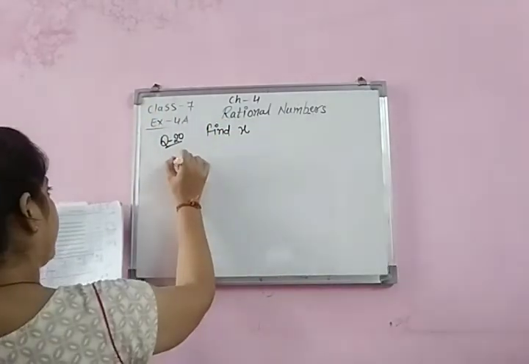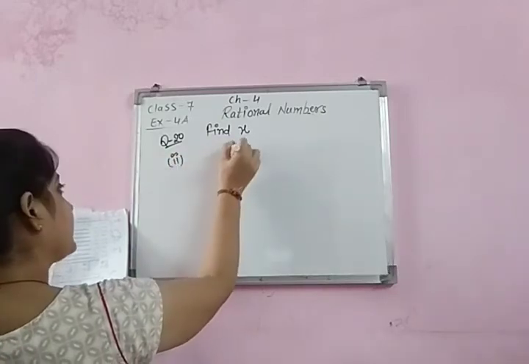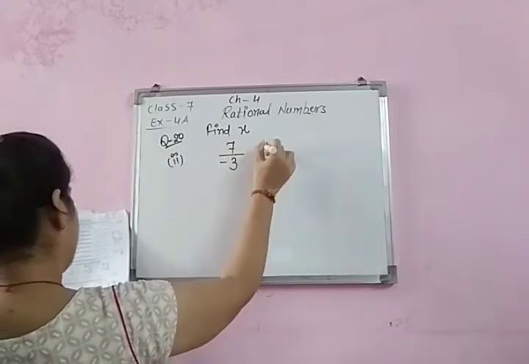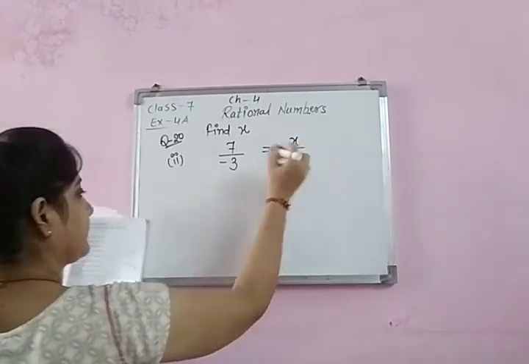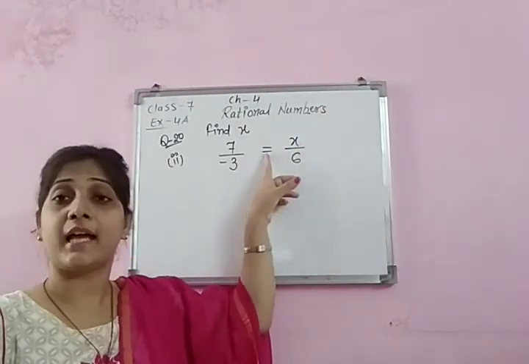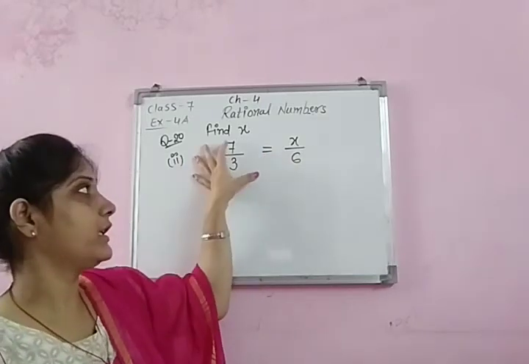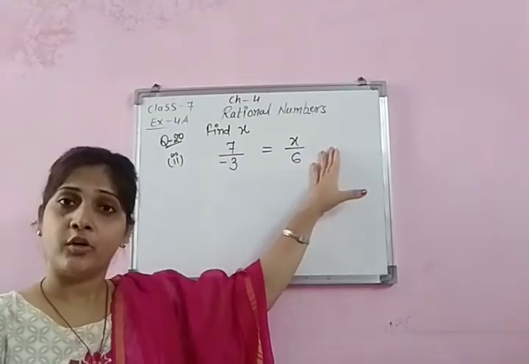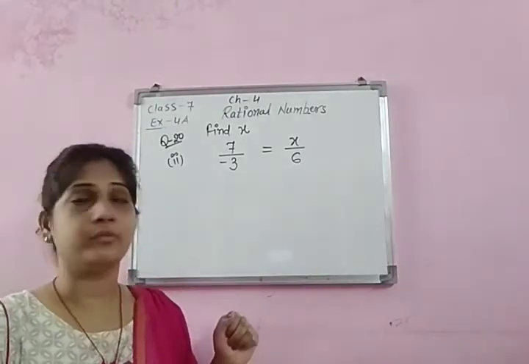Second part: 7 by minus 3 equals x by 6. You need to find the value of x, and this equal sign tells us that this rational number is equivalent to this one.